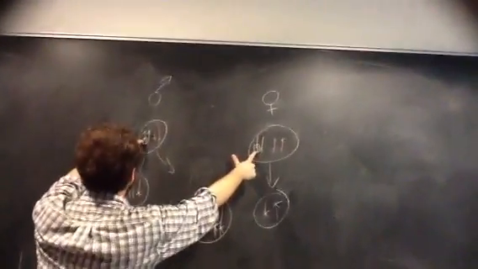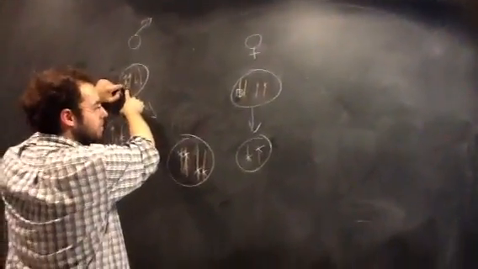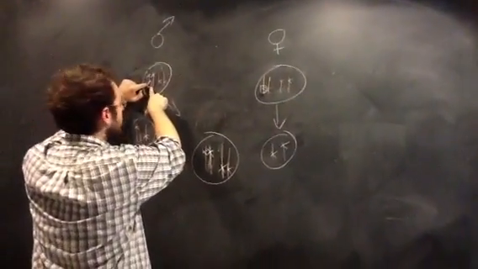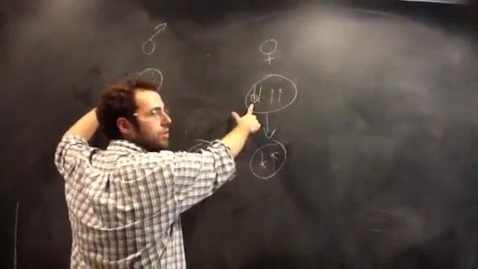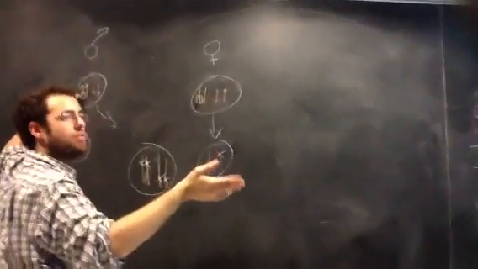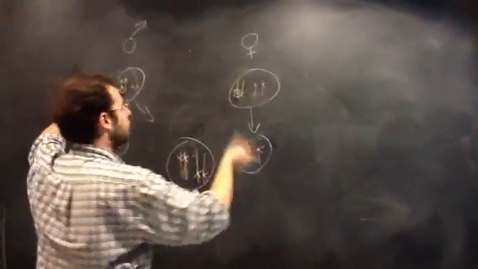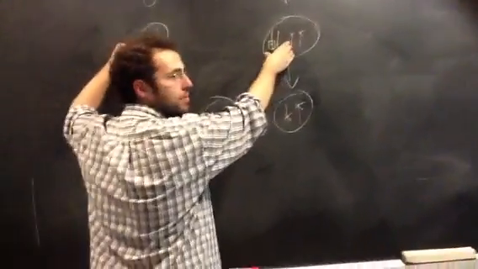In the father, he is homozygous for the deafness gene, so he will be deaf. The mother is homozygous for the non-deafness gene, so she will not become deaf.